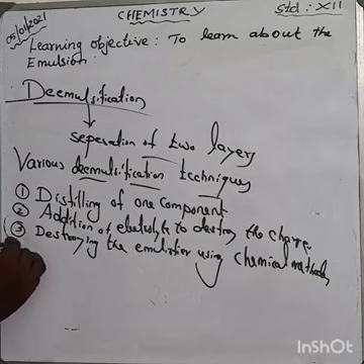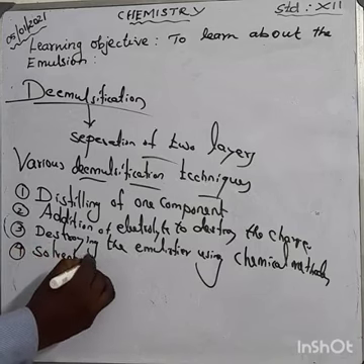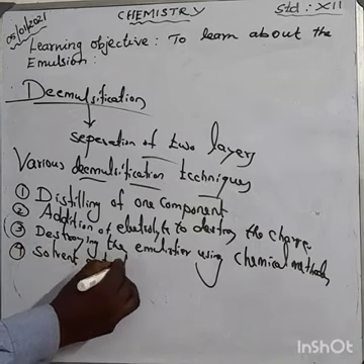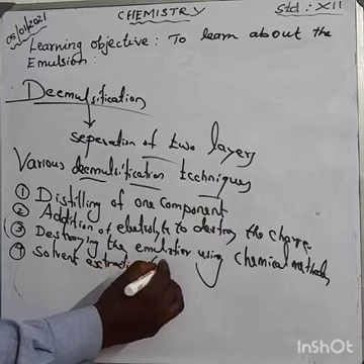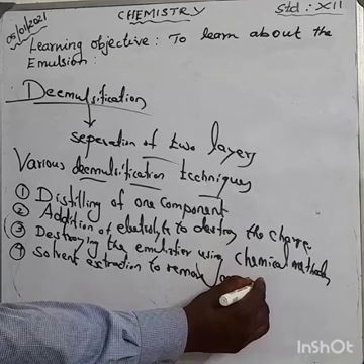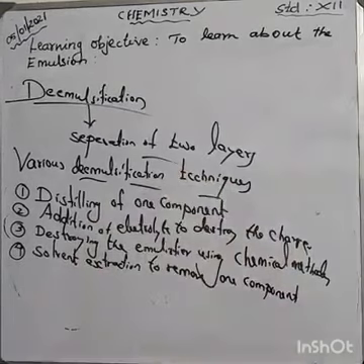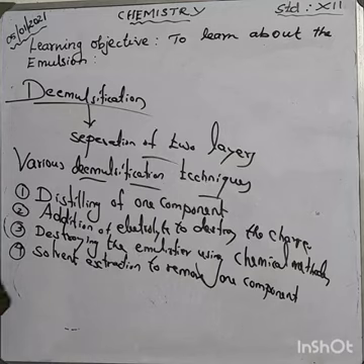The fourth point is using solvent extraction to remove one component. I already told you about solvent extraction. Next point is freezing one component.